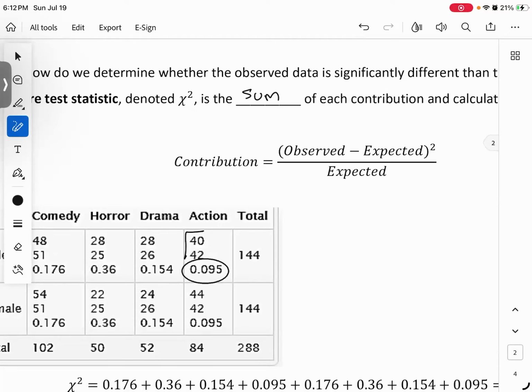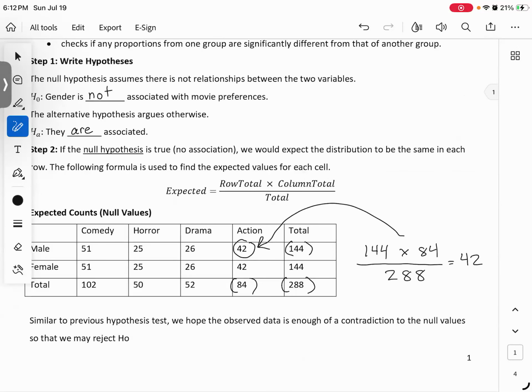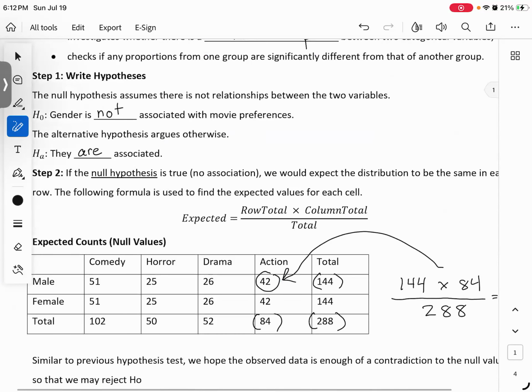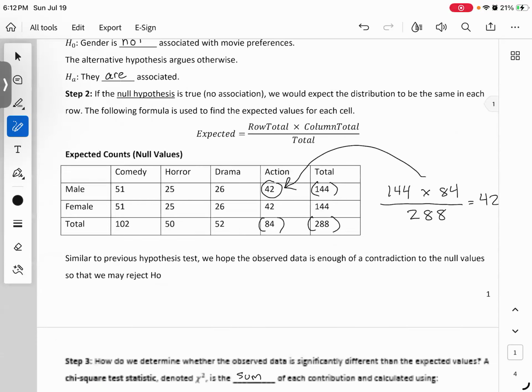What they have right above it is the observed and the expected. So look, here's what I mean. See that little 40? The 40 was the actual for male, and the 42 was the expected for male.